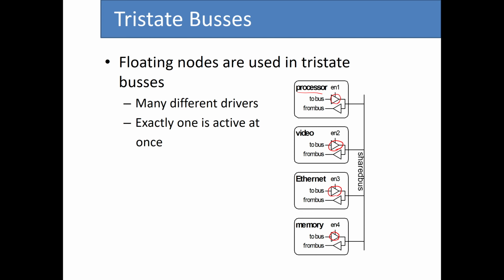Of course, the exact details are more complicated than what we discussed here, but you can get the general idea of using enables with tri-state buffers. Basically, if this video card, let's say, is in the high Z state, that means that this connection is basically up in the air.